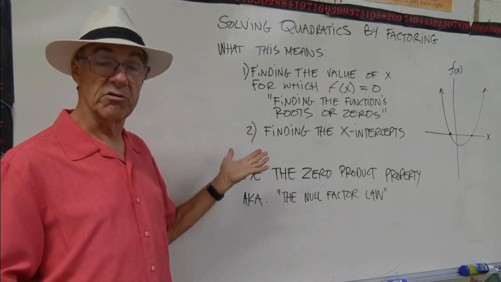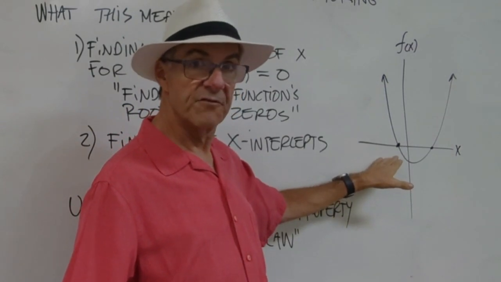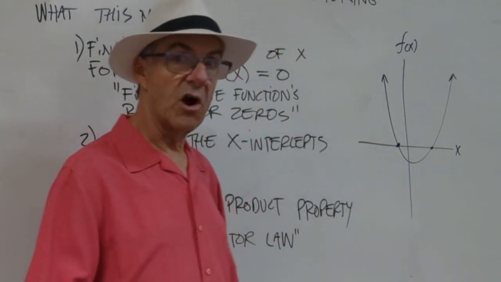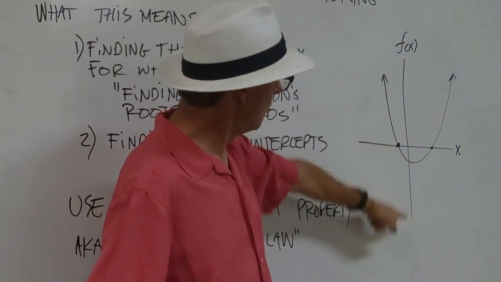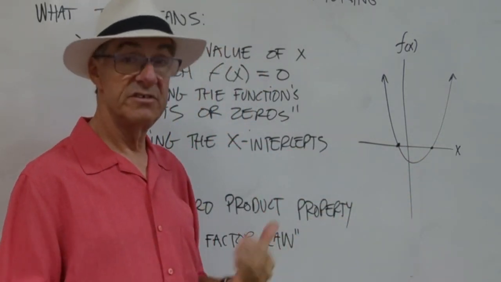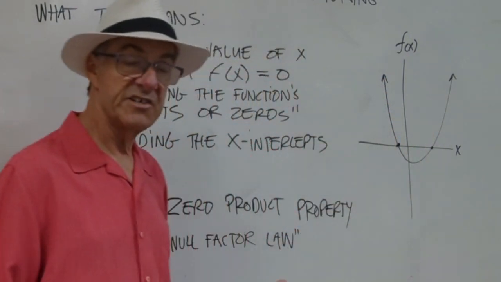So let's take a quick look at a graph, and I'll show you what we mean by that. Over here I've sketched a really rough graph, and you'll see I've marked the intercepts. Those are the zeros, or the roots, because f of x, the y value, is 0 when the function crosses the x-axis. So the function's zeros are the x-intercepts.